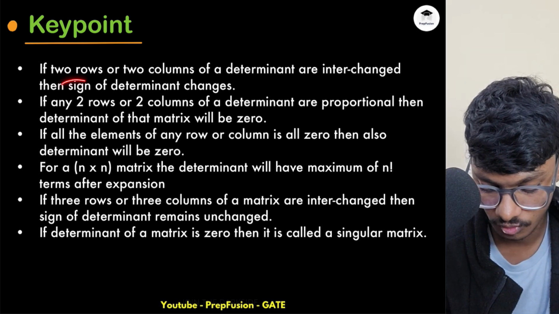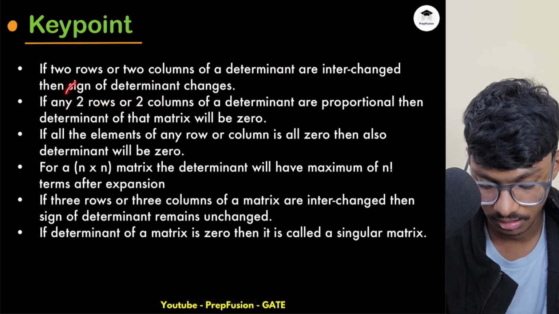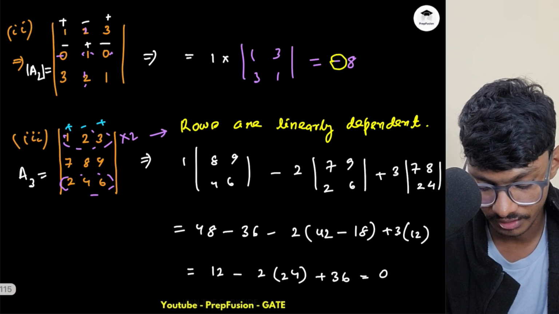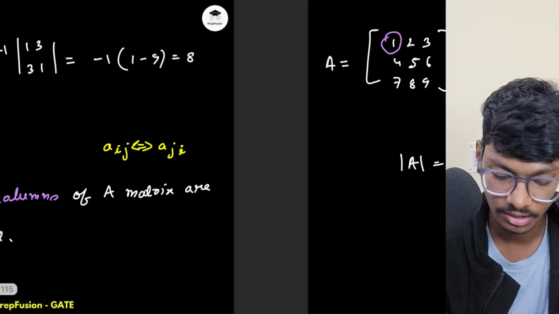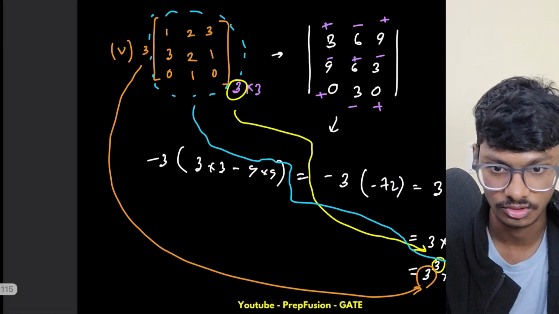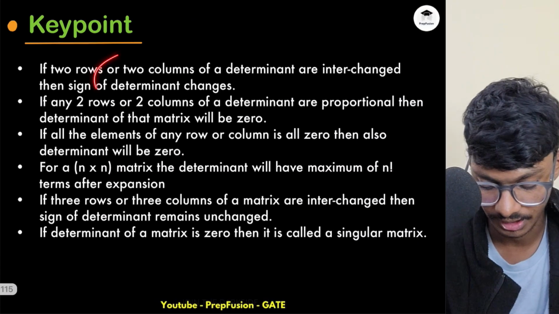If two rows or two columns of a determinant are interchanged, then the sign of the determinant changes, which we proved in the second example. We saw that the sign got interchanged. Obviously the determinant magnitude will remain the same, but the sign will get interchanged.